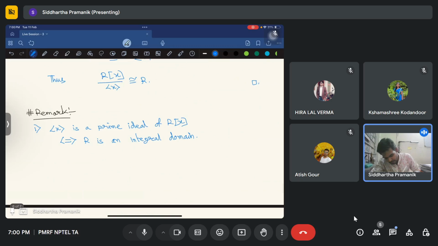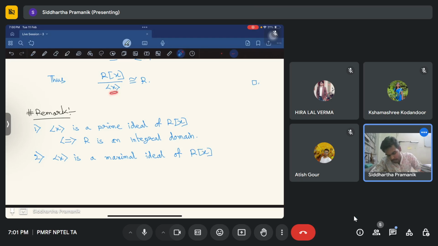So similarly, you can conclude the maximal ideal case also. So the ideal generated by x is a maximal ideal of the polynomial ring R[x]. So when will it be a maximal ideal? So this is maximal if and only if this quotient is a field.